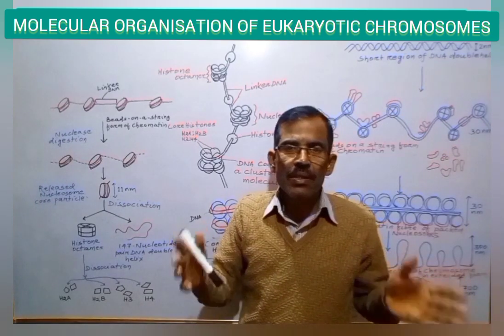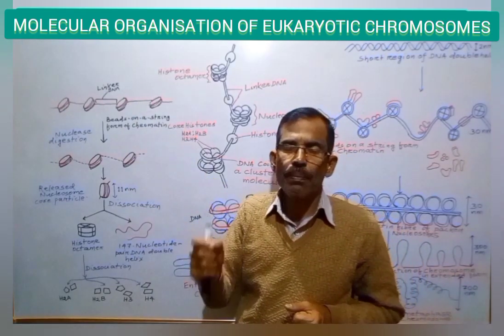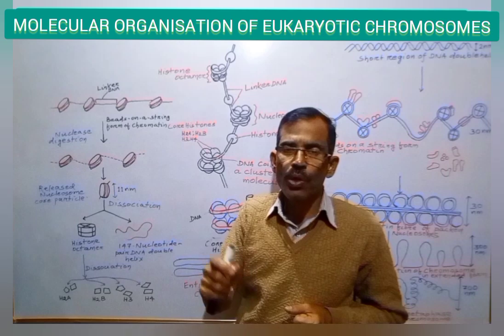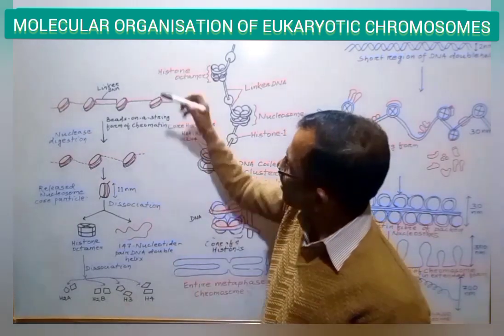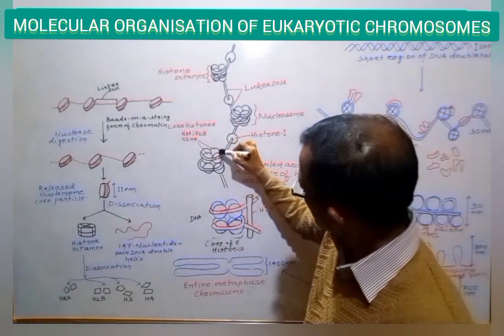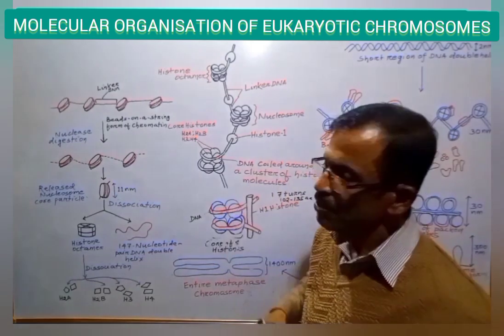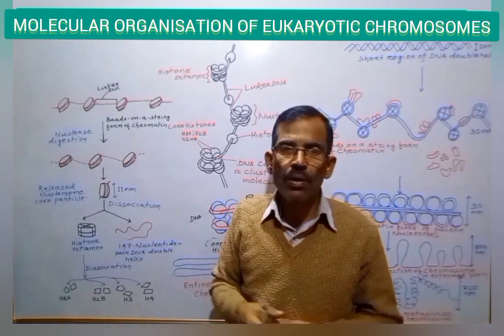As already mentioned, the length of the linker DNA varies from a few nucleotide pairs to about 50 nucleotide pairs, and the double-stranded DNA which is tightly wrapped around the histone core is 147 nucleotide pairs long.